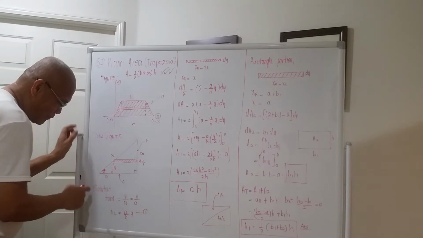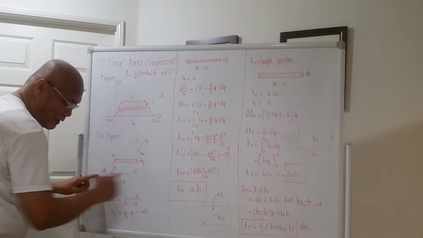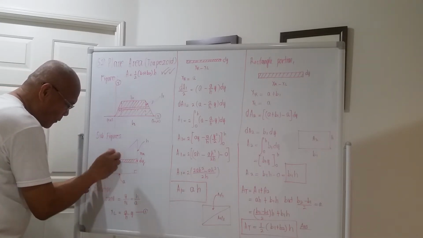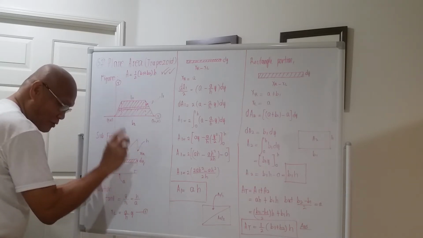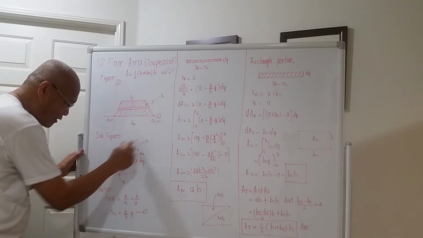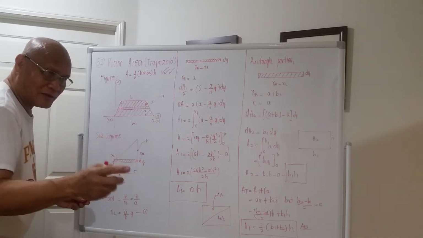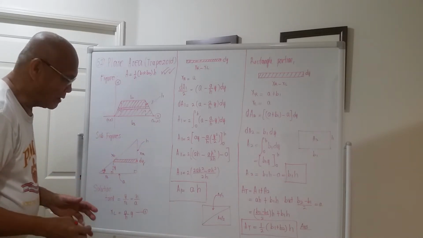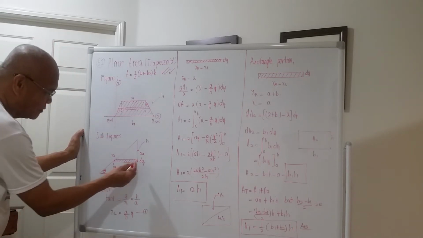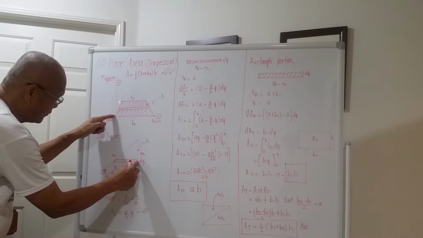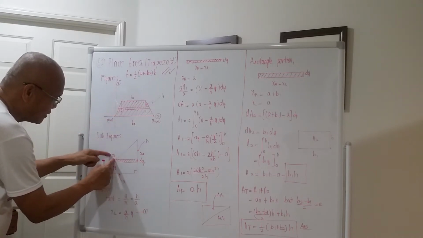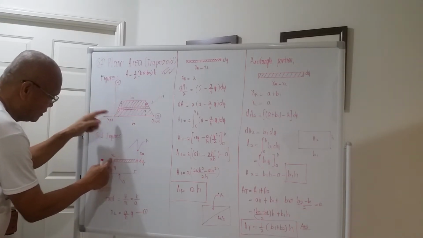From this point going to the right, the value of y is changing. It's not so complicated because it is a straight line. This point here is xr with respect to 0, 0, and this point here is xl with respect to 0, 0.